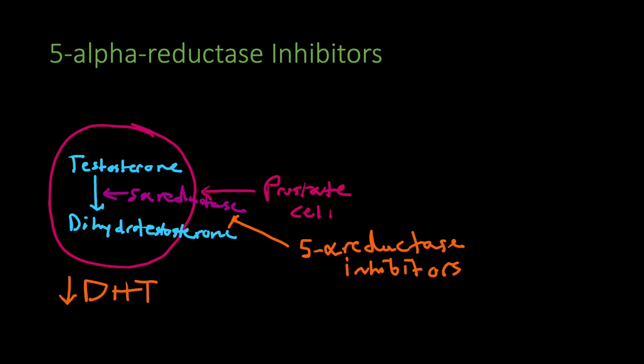The 5-alpha reductase enzyme converts it, but the 5-alpha reductase inhibitors prevent that conversion. So there would be more testosterone in the cell.